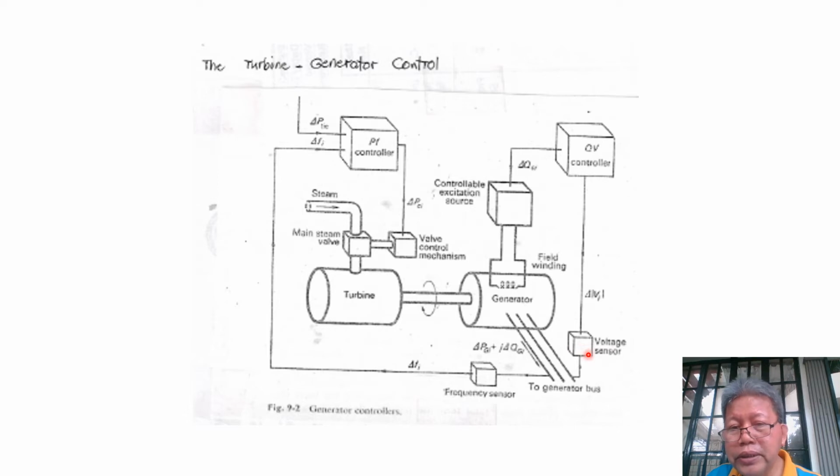So any difference will be either positive or negative, and will be fed to the QB controller. In the QB controller, this signal change in voltage will be multiplied and processed, so that our QB controller will issue a command signal, which is our delta QCI command signal.